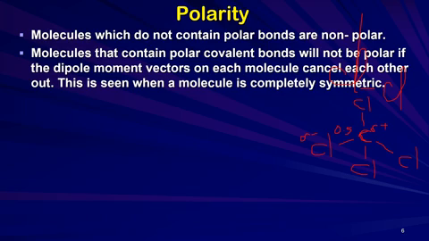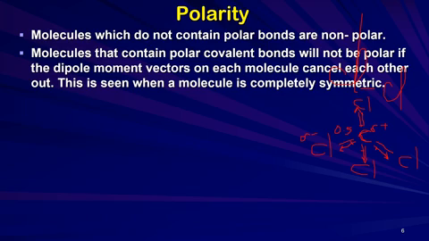To mean what? To mean that the dipole moments will all cancel out. We have a dipole moment moving from carbon to this chlorine, another one moving from this carbon to this chlorine, from the same carbon to this chlorine, and the same thing is also here, from the carbon to this chlorine.